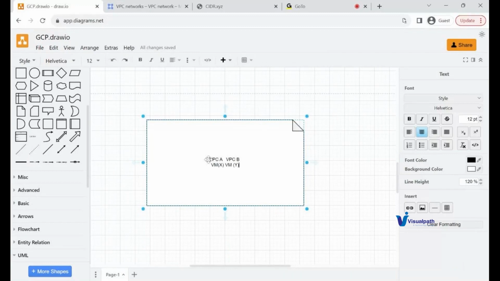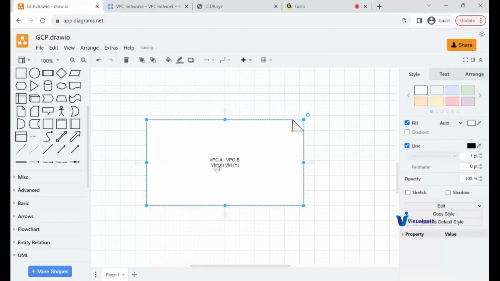Just a pointer, these are part of the same project. When we are using GCP, we have a dedicated structure that we need to follow while setting up our accounts: it is the organization, then the folder, and then the projects.